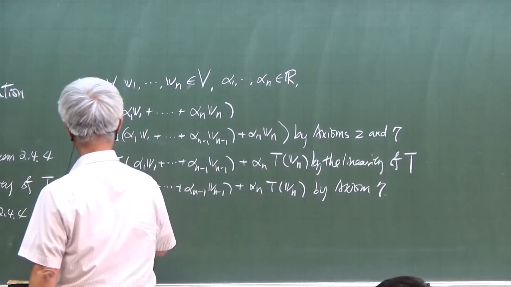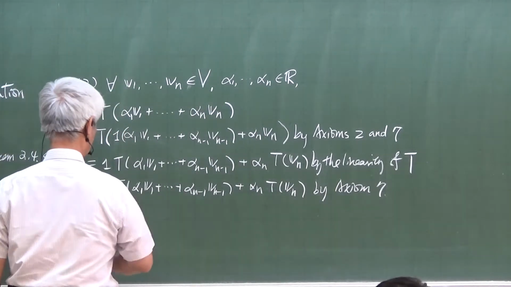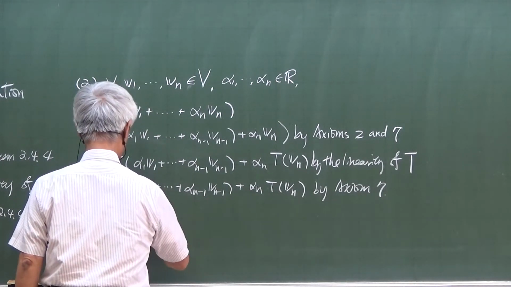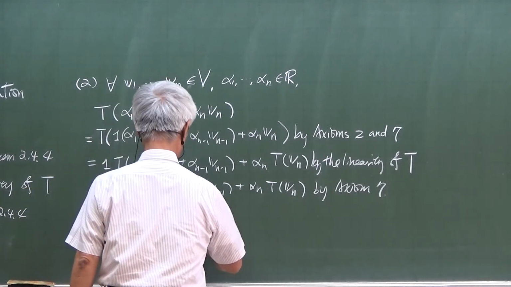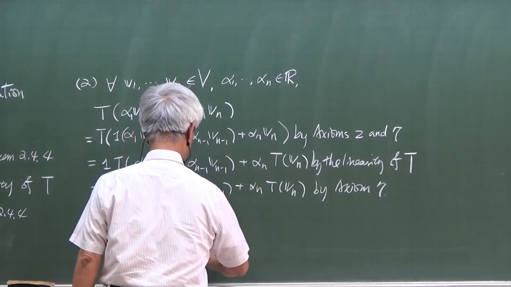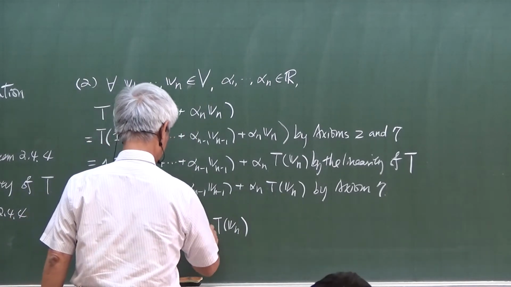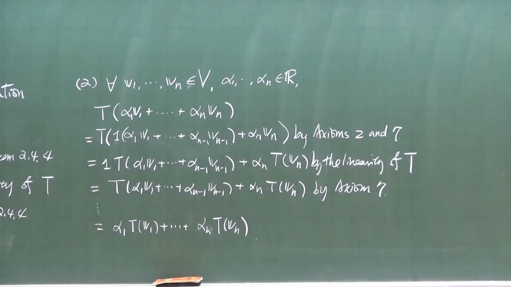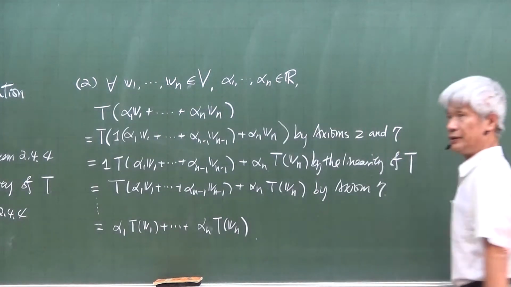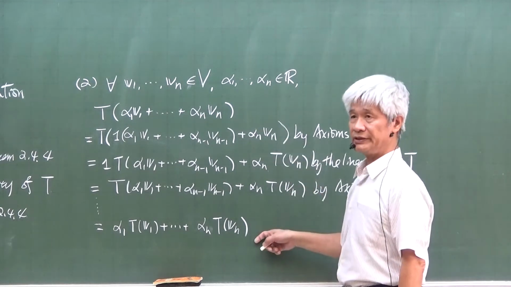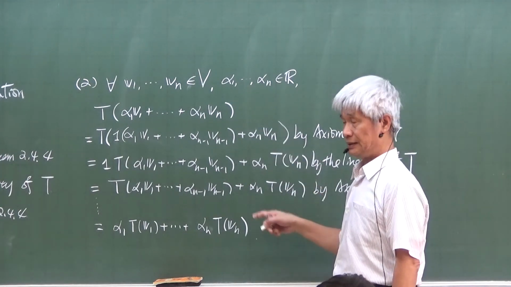So we can do that recursively, and end up with T of V1. Any questions? So you can think about this as a general version of the linearity of T.